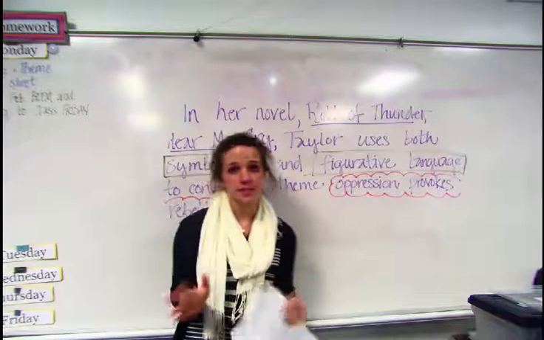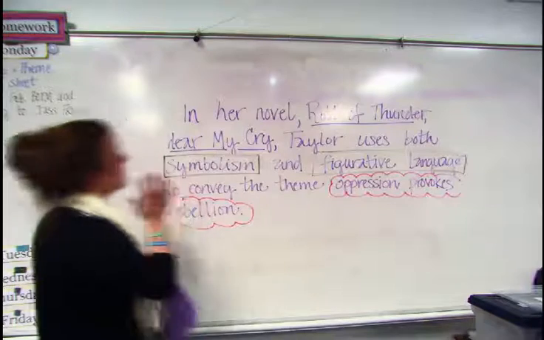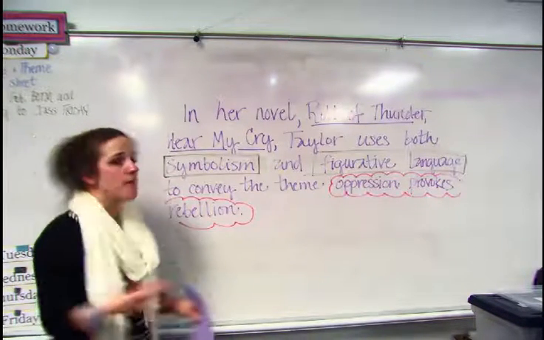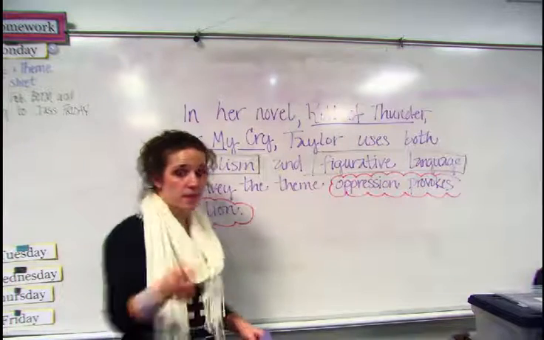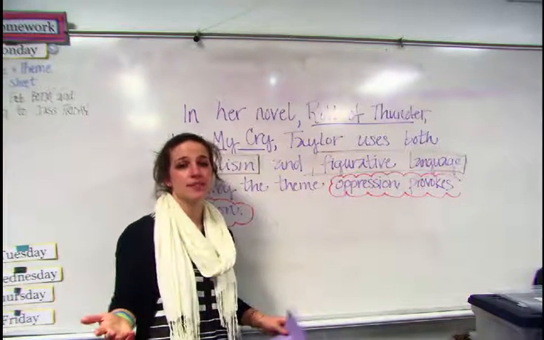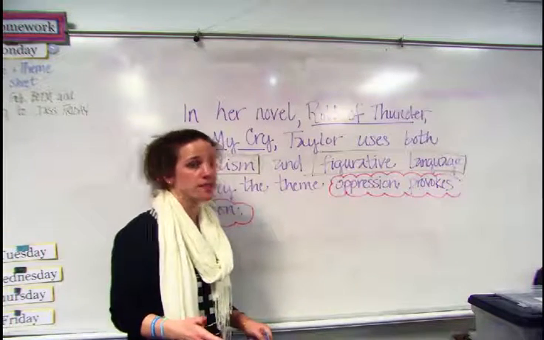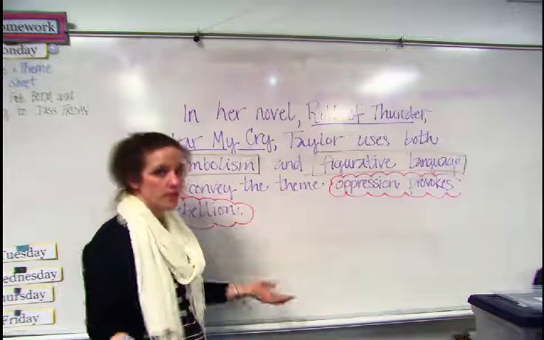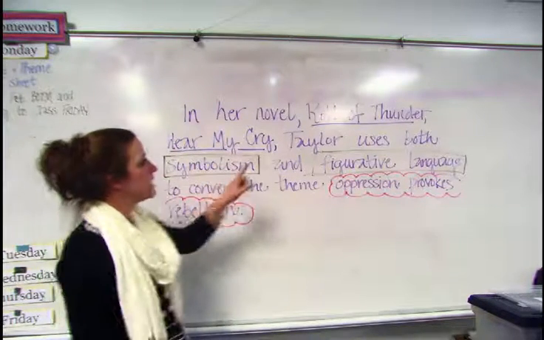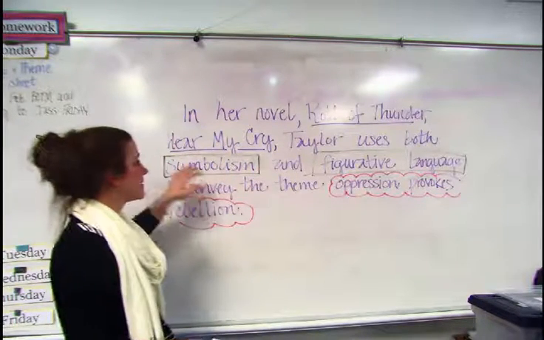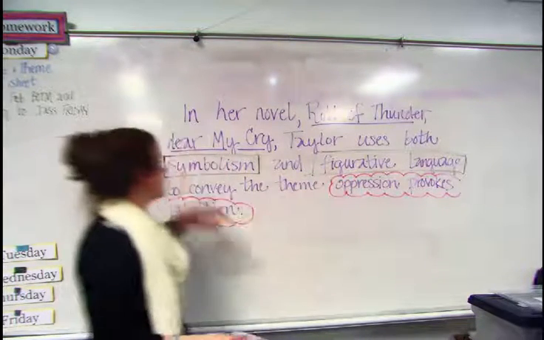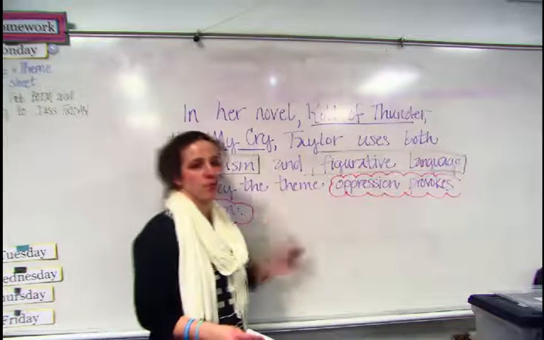So here's an example. This is actually my controlling idea. I'm going to go with the theme statement that oppression provokes rebellion. I think that's a theme that I can find a lot of the different lit element examples to support. So I'm going to prove in my essay that in her novel, Roll of Thunder, Hear My Cry, Taylor uses both symbolism and figurative language to convey the theme, oppression provokes rebellion.